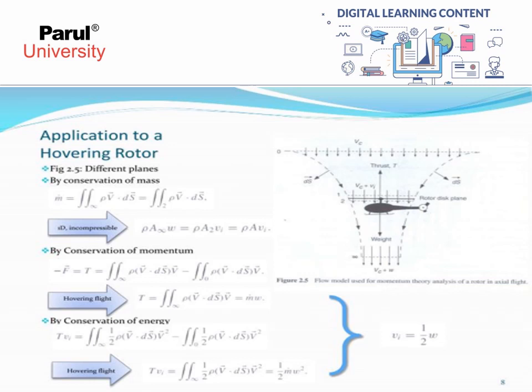The flow model used for the momentum analysis for a rotor in axial flight is in the figure, and for hovering flight T is equal to the integral at infinity of rho v dS into v, equal to mass flow rate into omega.